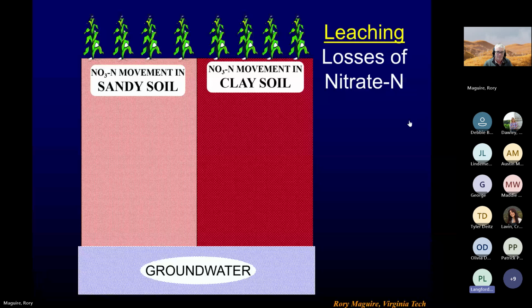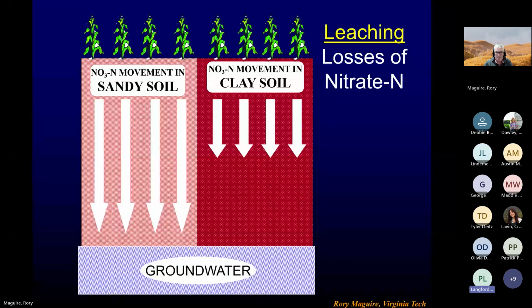So this is a demonstration of leaching, or our losses of nitrate. This is the difference between nitrate movement in sandy versus clay soil. It's much more likely to lose nitrate in sandy soil because sandy soil has worse water holding capacity.